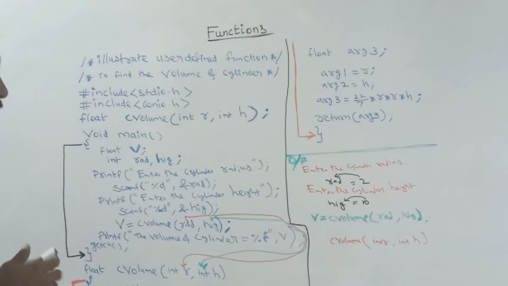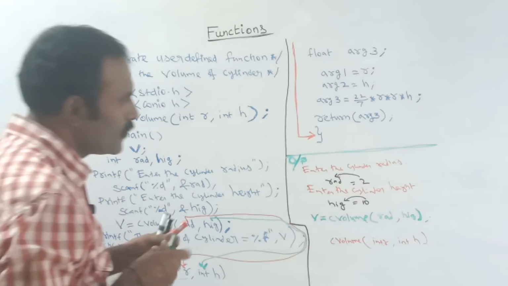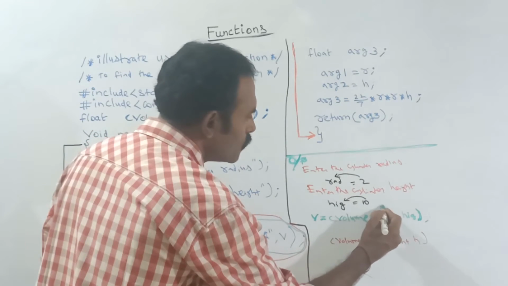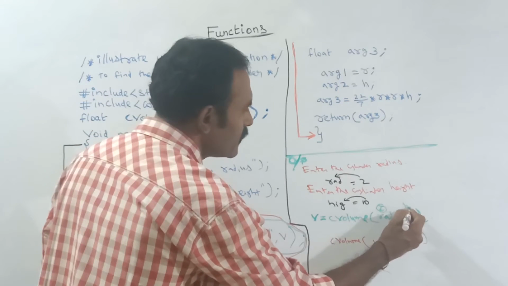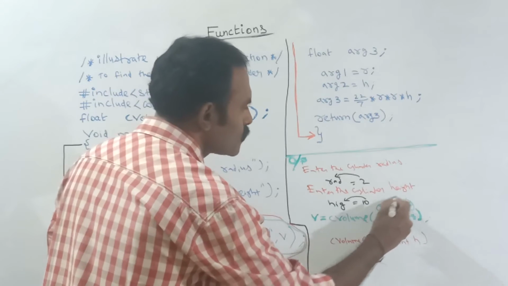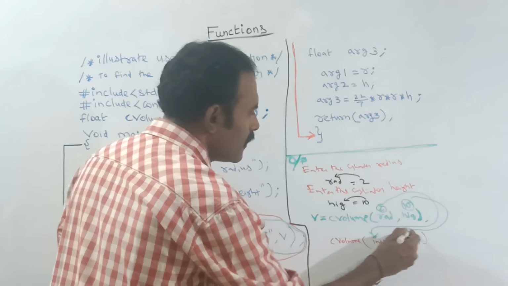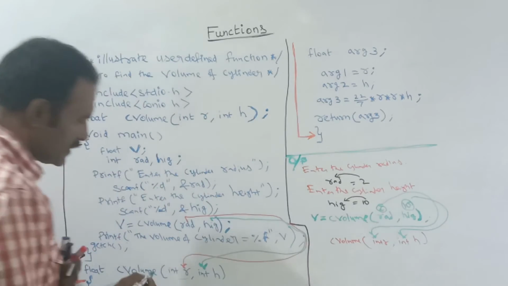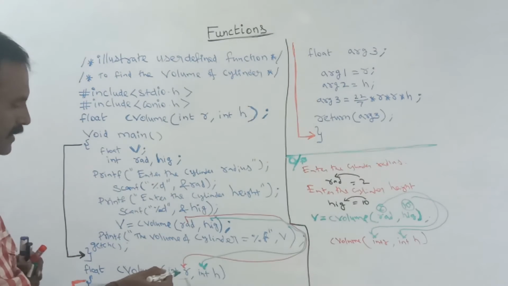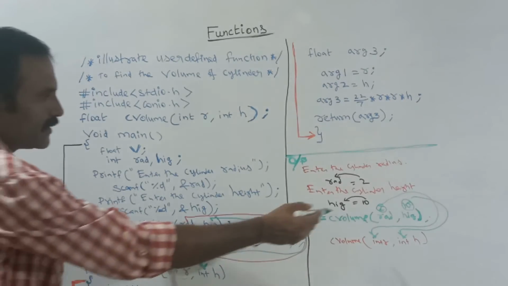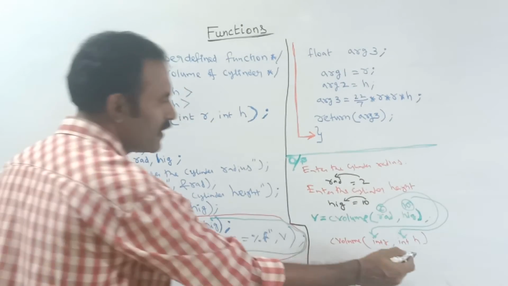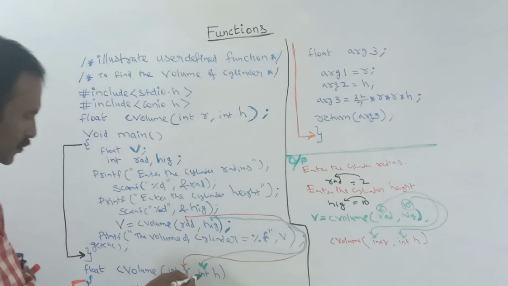So this one holds the value how much? 2. This one holds the value 10. So this 2 is passed inside the user defined function. Here inside this argument list, the first argument the 2 will be passed, and the second argument the 10 will be passed to here.